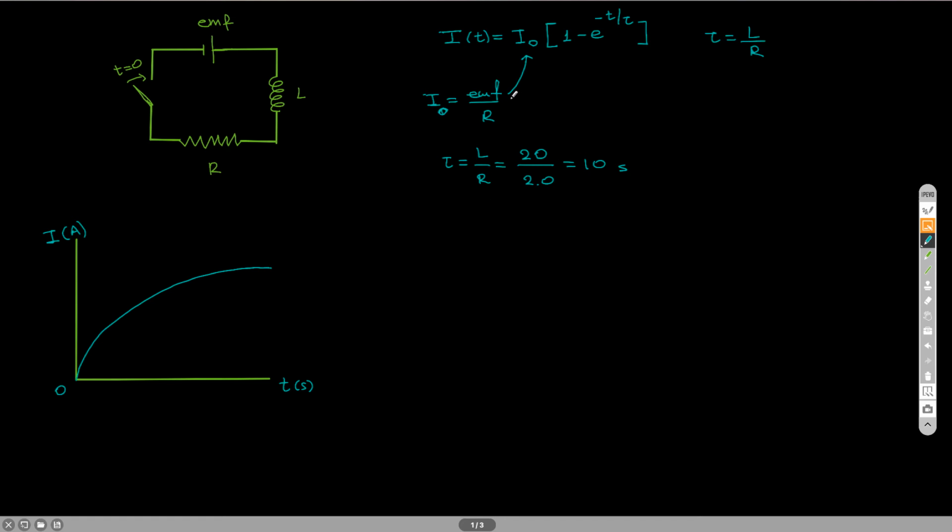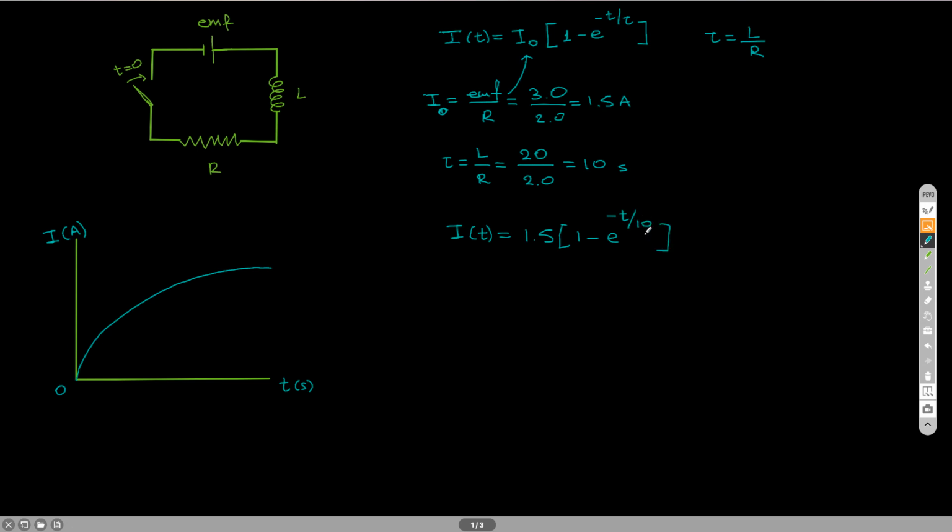Now, for the purpose of doing the calculation, let's say we have 2 batteries of 1.5 volts, so this would be 3 volts. As I said, we have a resistance of 2, so the maximum current will be 1.5 amperes. Now, the expression that we have then becomes 1.5 times 1 minus e to the minus time divided by 10.